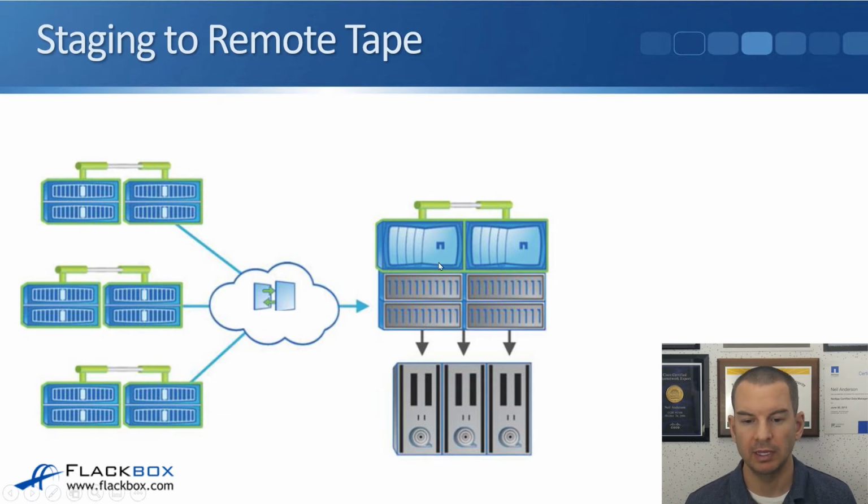Over in the destination on the SnapVault system, we don't have clients accessing the data there, so we don't need to use high performance drives. And there's a good chance we're going to want a lot of capacity there to store those backups going back over time. So we can do that in the most cost-effective way by using the SATA drives there.